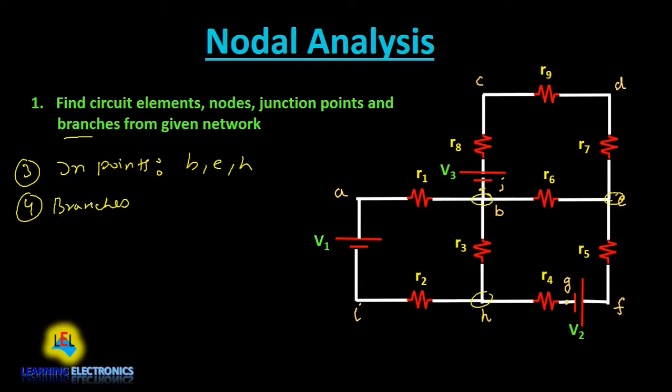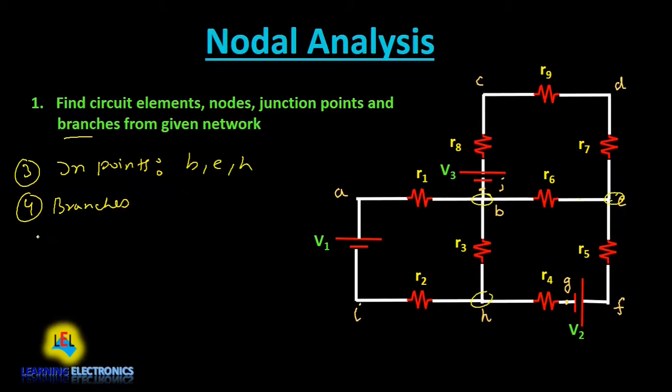What is the definition of a branch? It is the part of the network that lies between two junctions. So it should lie between two junctions. Here we have 3 junction points B, E and H. First we take B and E. Between B and E we see the branches. So here one branch is there, then this is one branch.